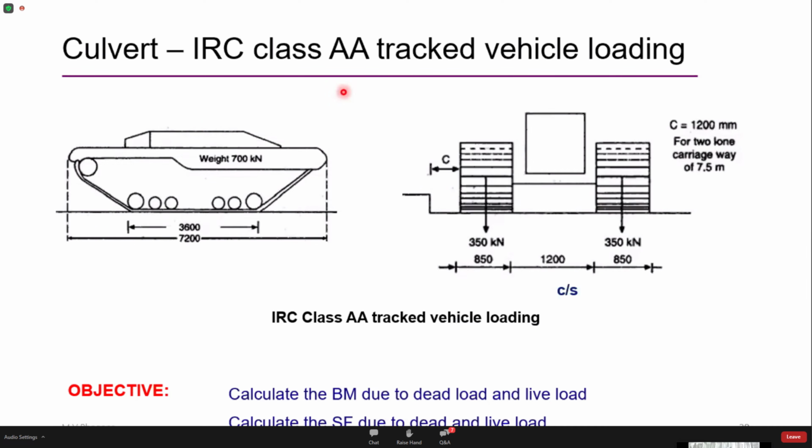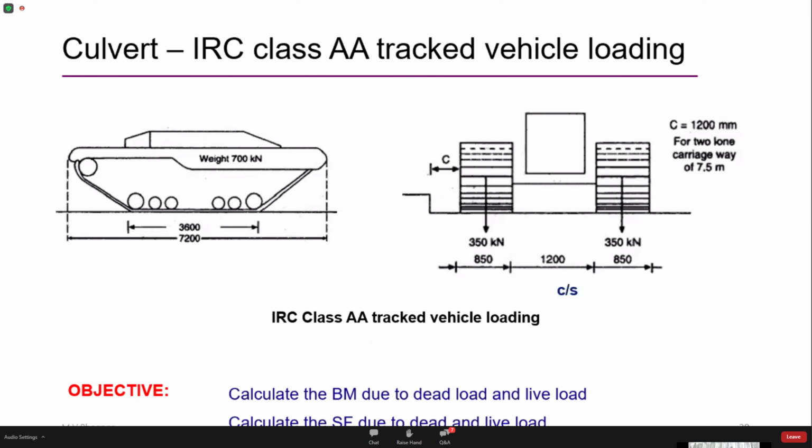For the IRC class AA tracked vehicle, this works out to be 1.2 meters. The objective in this problem is to calculate the design bending moment and shear force for dead load and live load. So how do we do this?